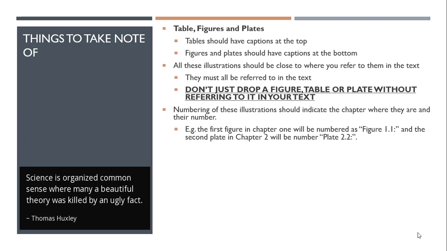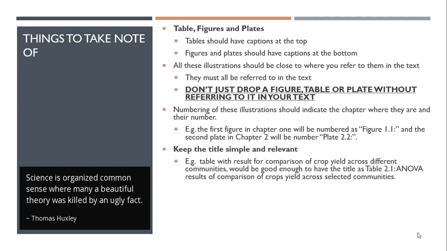So the numbering is serially from each of these chapters. The first table in chapter 1, table 1.1. The first figure in chapter 1, figure 1.1. 2.2, the second in chapter 2. That is the sequence it should follow.